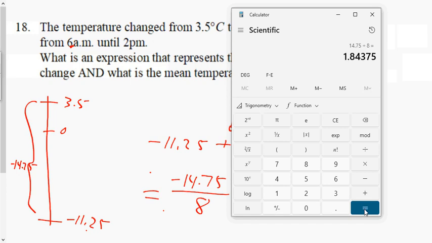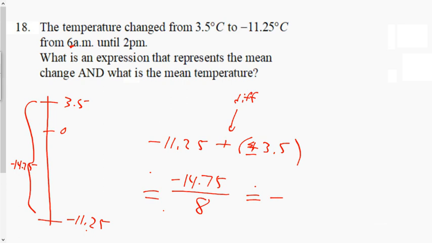The answer is 1.84375, or approximately negative 1.8 degrees Celsius per hour. That was the average change in temperature, or the mean change in temperature over each hour. If you had a positive 1.8 degrees Celsius, that's okay too. It's still a change of 1.8 degrees Celsius, whether it be positive or negative, it doesn't really matter.